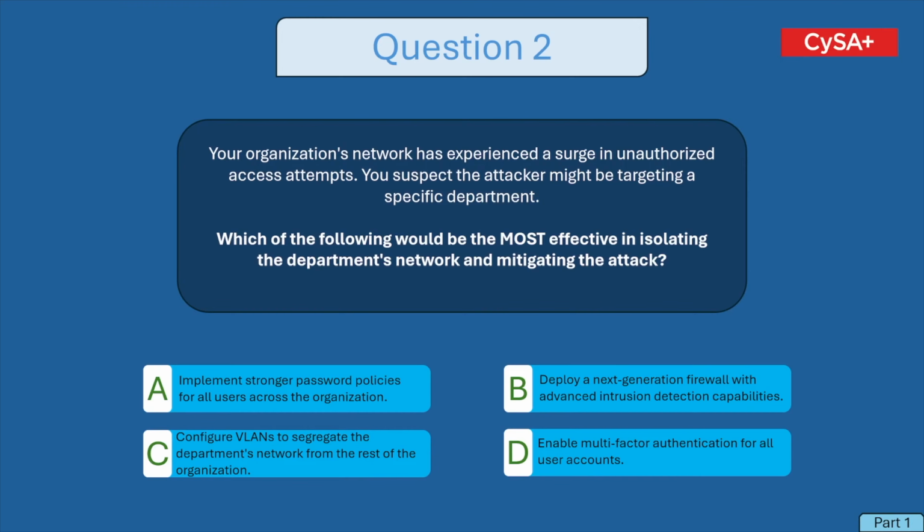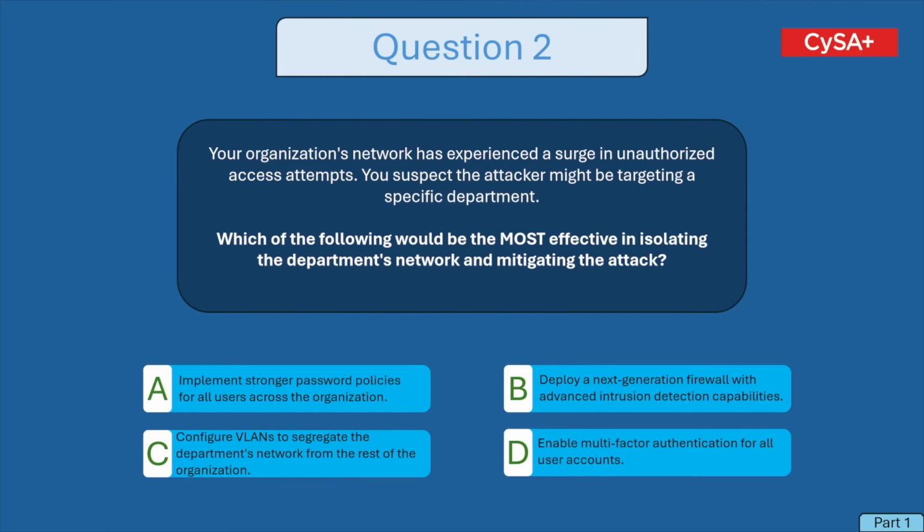All right, so the best answer that would be the most effective in isolating the department's network and mitigating the attack. Okay, so that's what it's asking here. So let's go through them here. For A, strong passwords, they don't isolate. For B, a next generation firewall also wouldn't necessarily isolate.